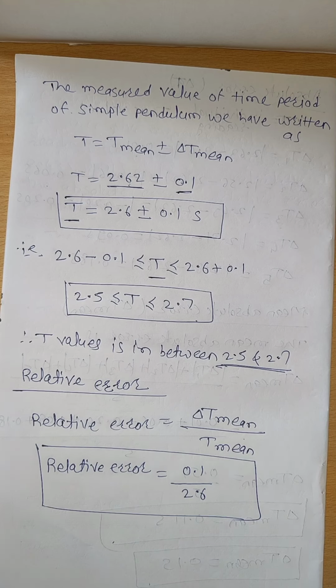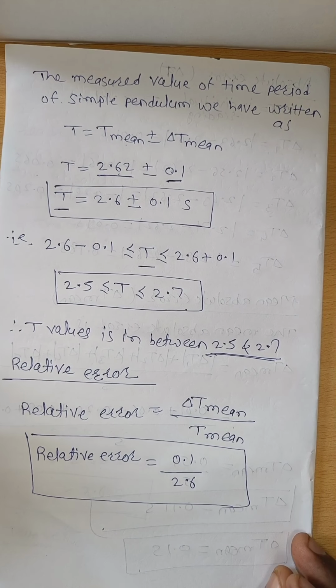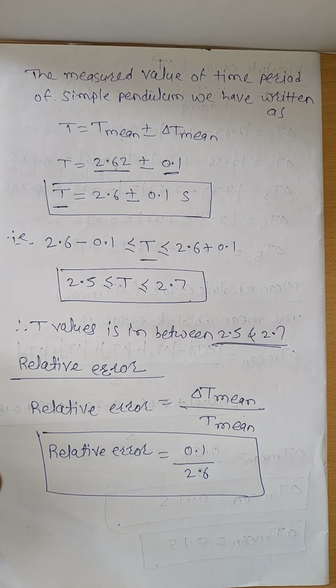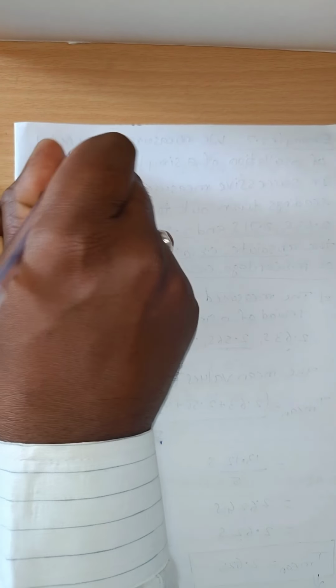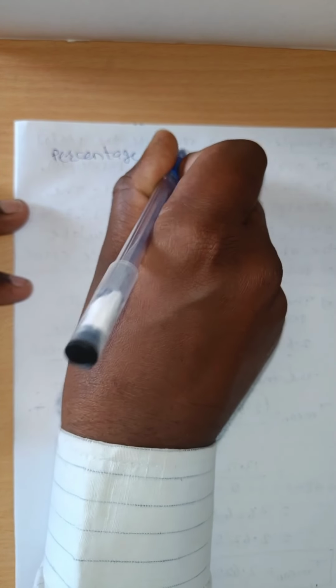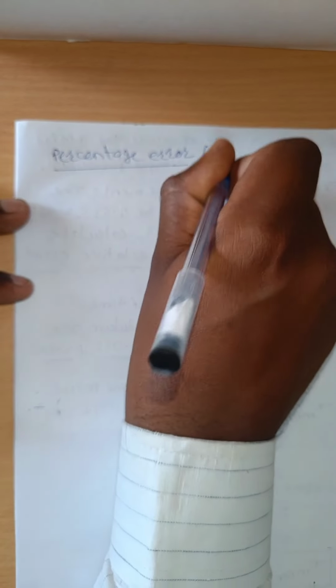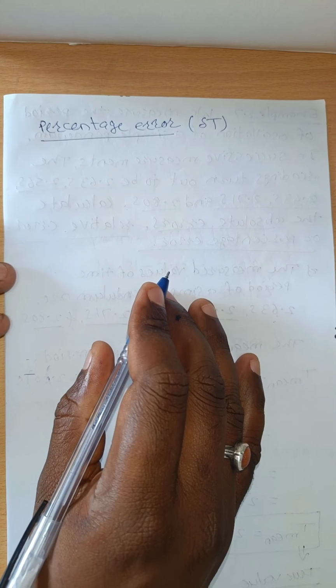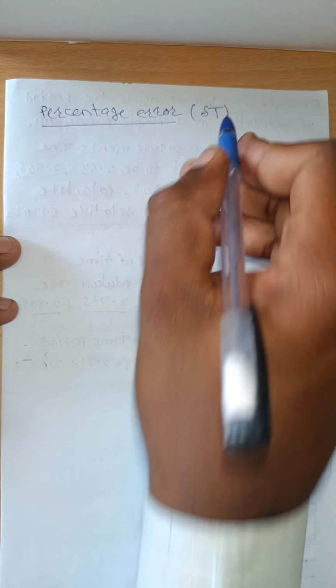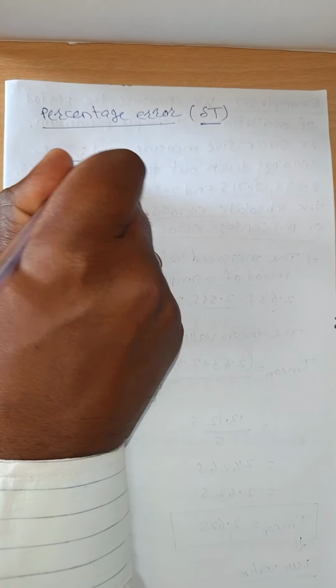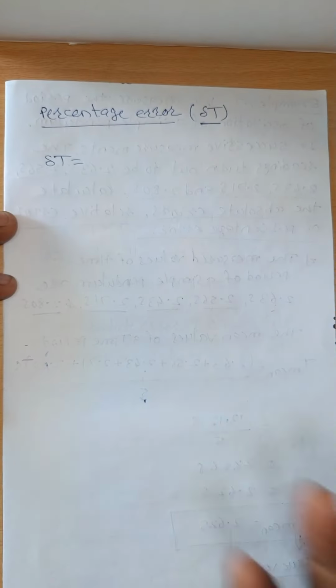Next, percentage error. Percentage error means when we represent the relative error in terms of percentage, we only multiply by 100. In this case, for the time period, we say delta T is equal to relative error into 100.